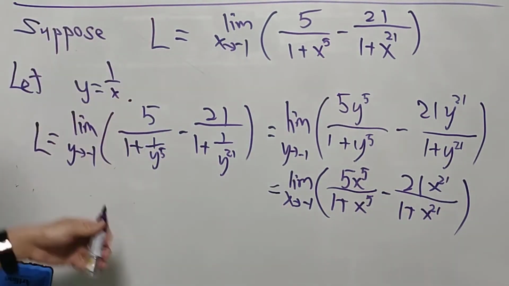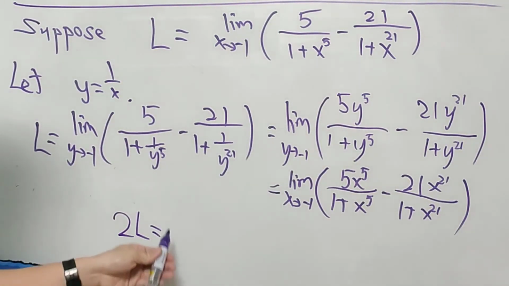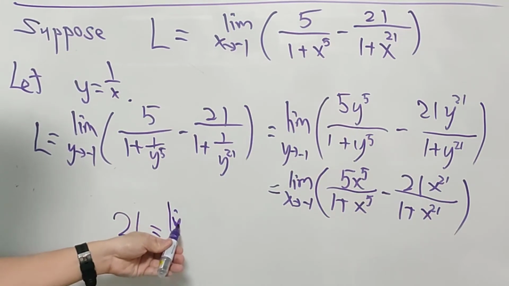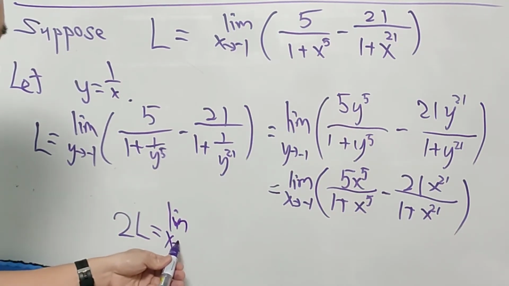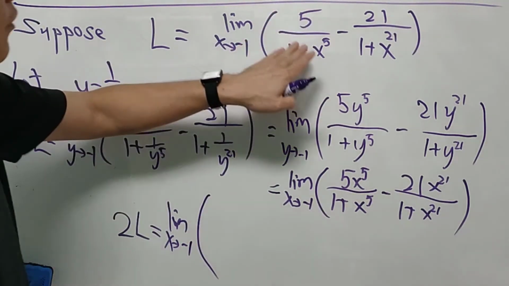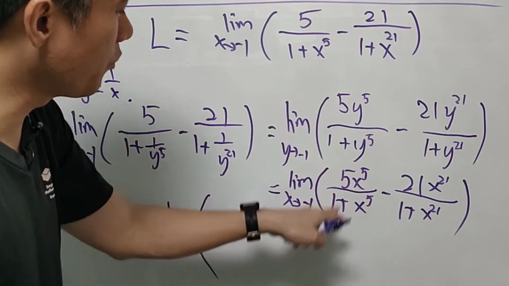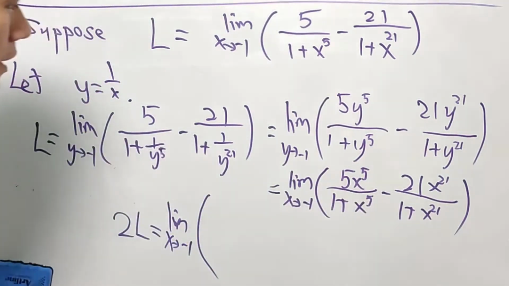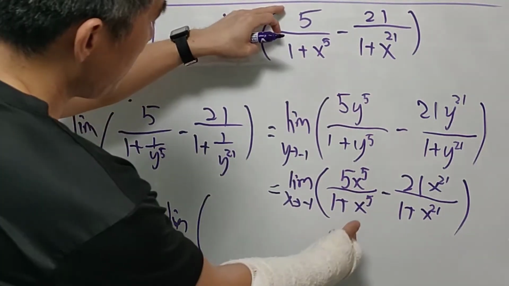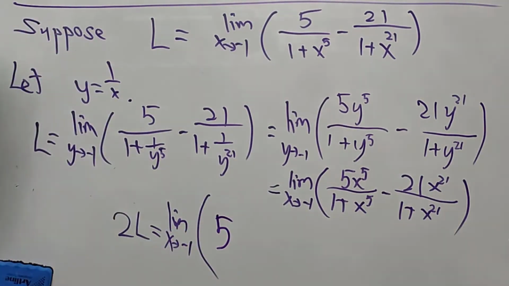So we can actually take the sum, 2L. Now we can combine them together. Then this will be equal to 5 over 1 plus x^5 plus 5x^5 over 1 plus x^5. And we can see that after we combine these two, it will be only equal to 5.